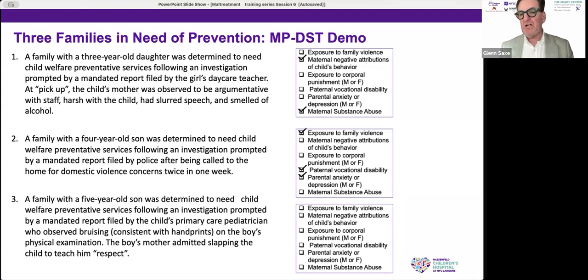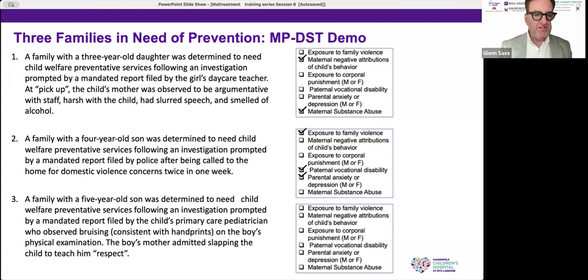So here, exposure to family violence, and then let's say you do further assessment and you find out the father is home with a vocational disability, can't work, and let's say you find that mother was depressed, because it's either mother or father's anxiety or depression. And that's going to give you an output with recommendations.